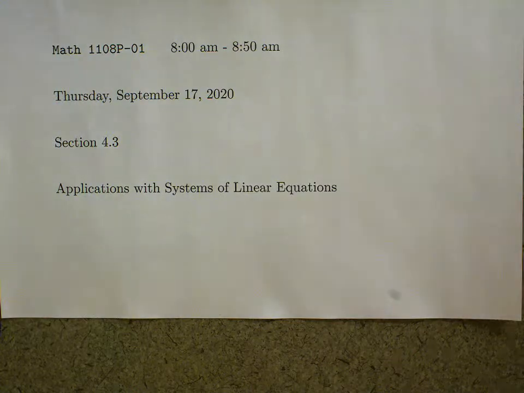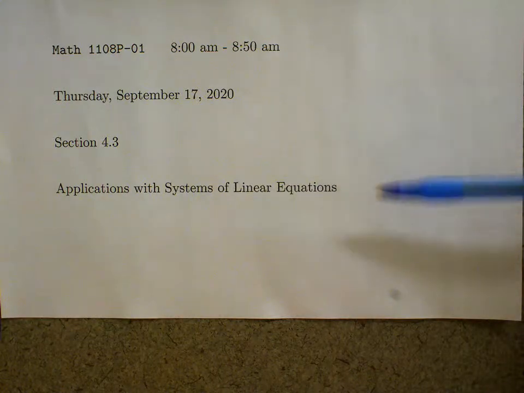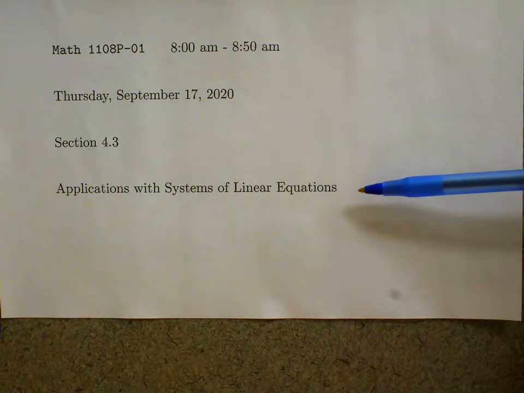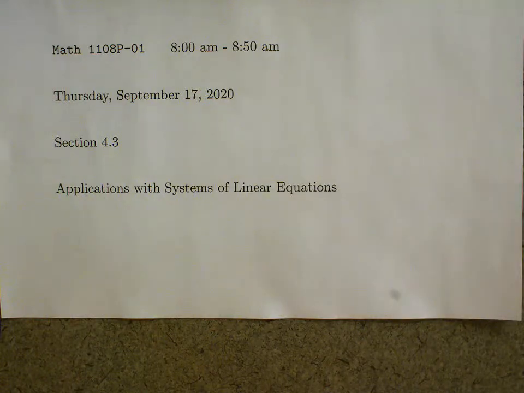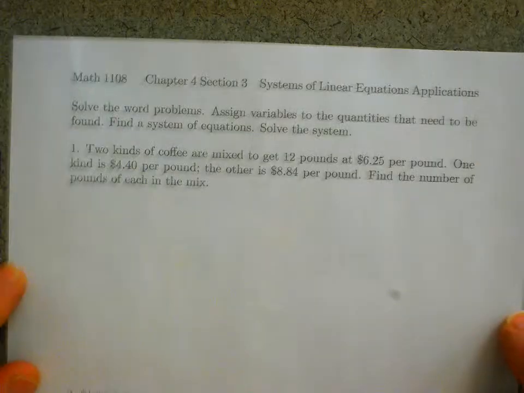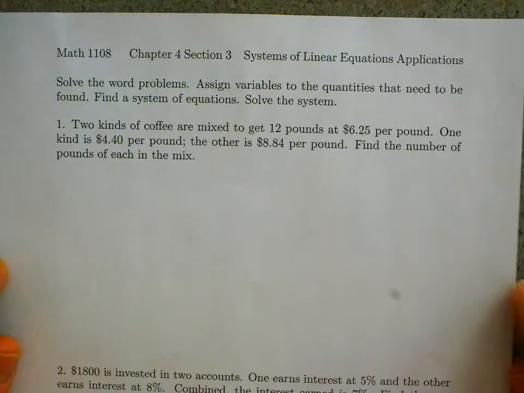In the next section, 4.3, we have more word problems that involve finding systems of linear equations and then solving those systems. So here's our first one. This is referred to as a mixture problem.